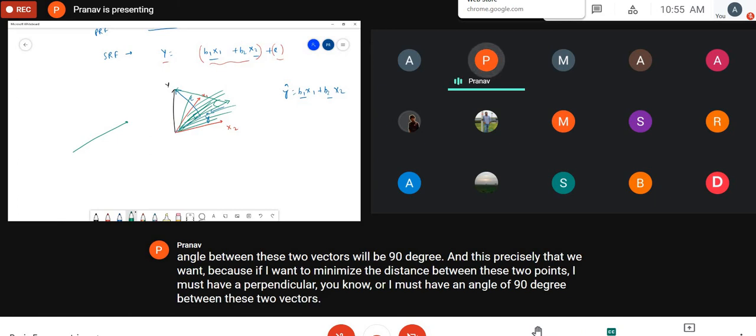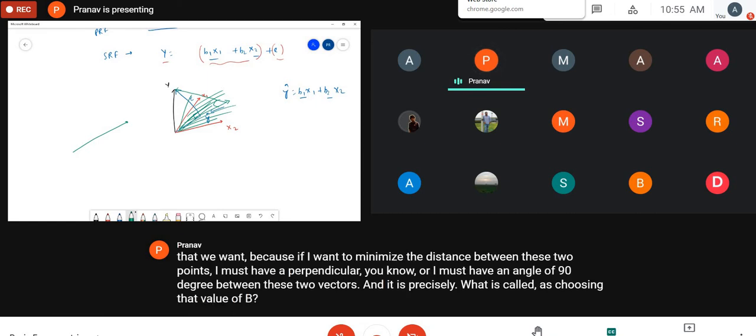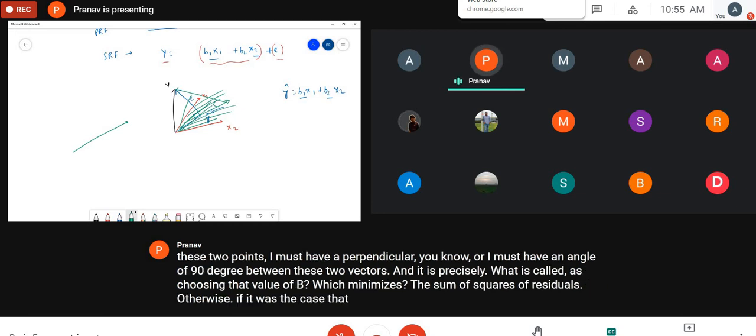And it is precisely what is called choosing that value of b which minimizes the sum of squares of residuals. Otherwise, if it was the case that any linear combination of y works, it would be altogether a different thing.